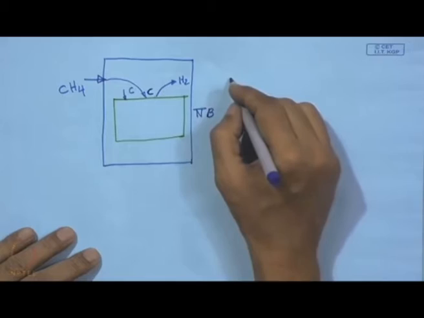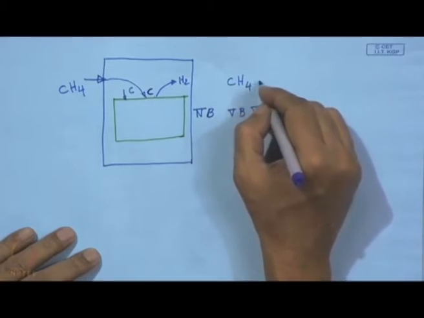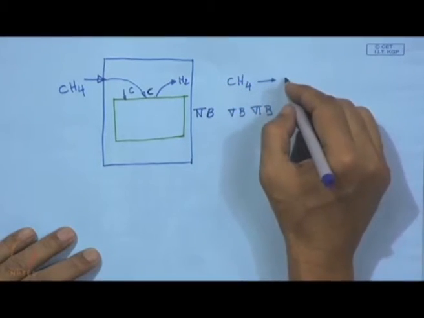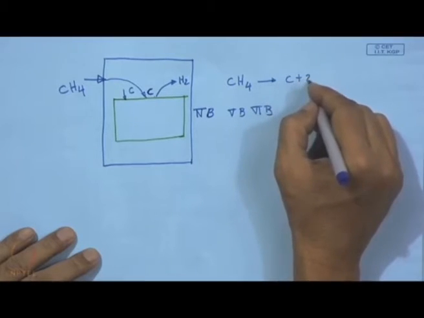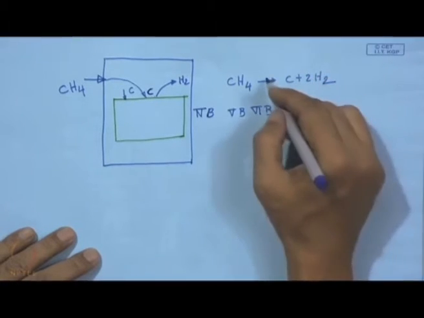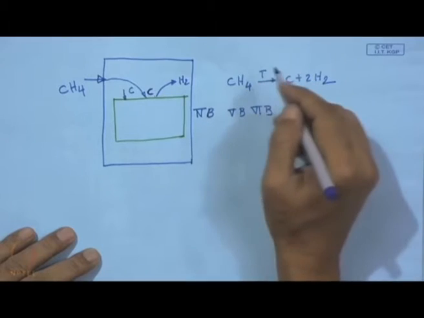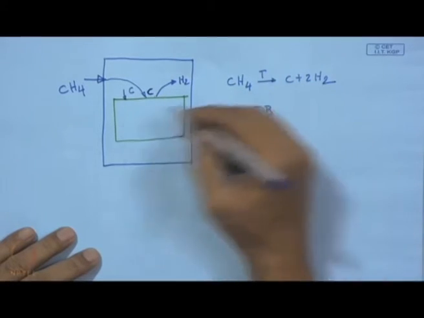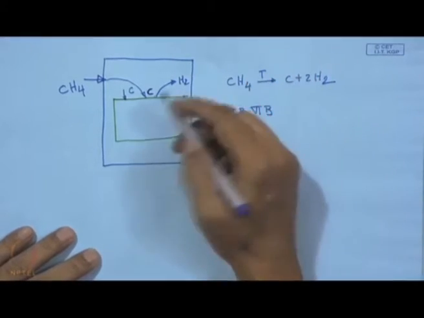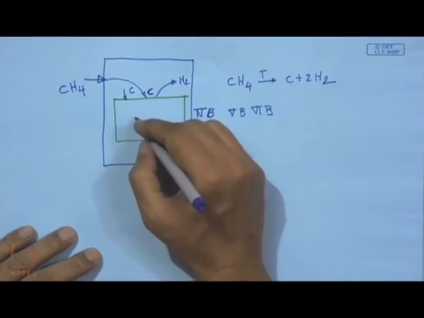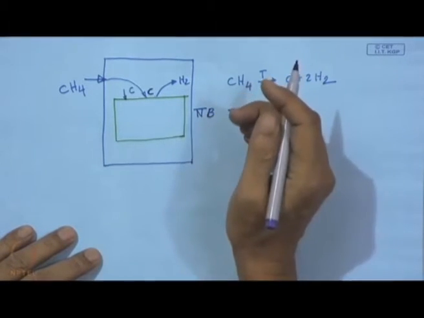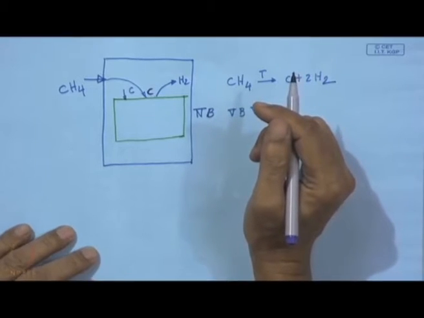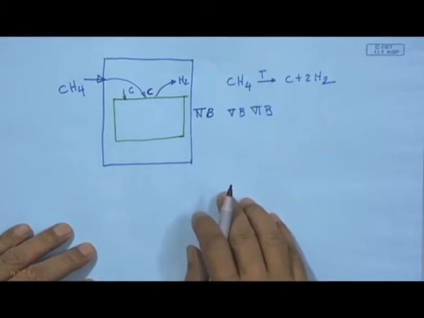So, it is going to be a thermal decomposition, and this will require certain temperature and also the tendency of the elements present inside this specimen, which have certain affinity to form carbide of that particular element.